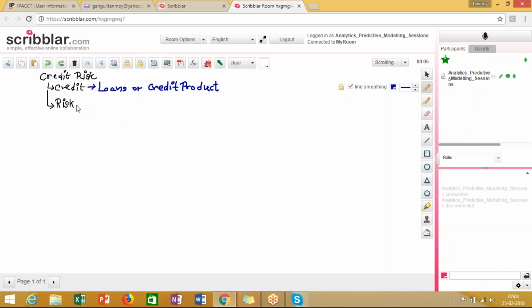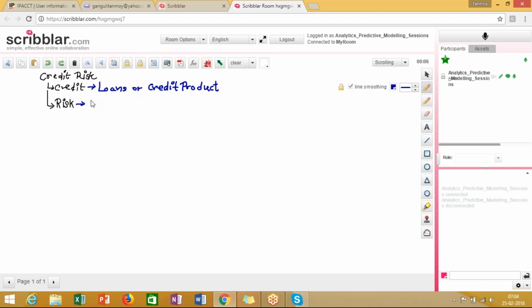And the next part is risk. So the question that comes out over here is, what is risk? The first thing that we need to do before we set out talking about credit risk is understand what exactly is risk. Now, risk is an event which creates a stochasticity in the cash flow. Now, what does stochasticity mean?